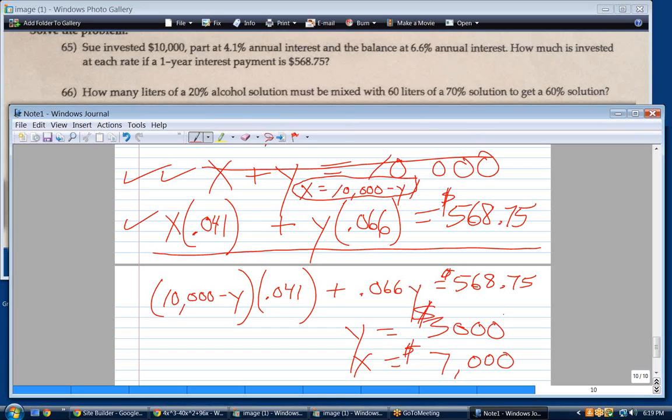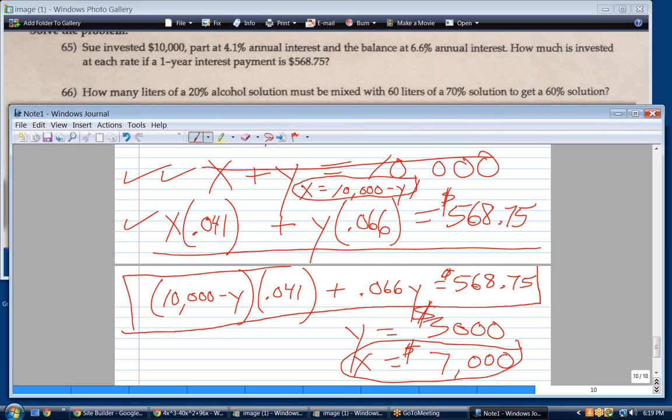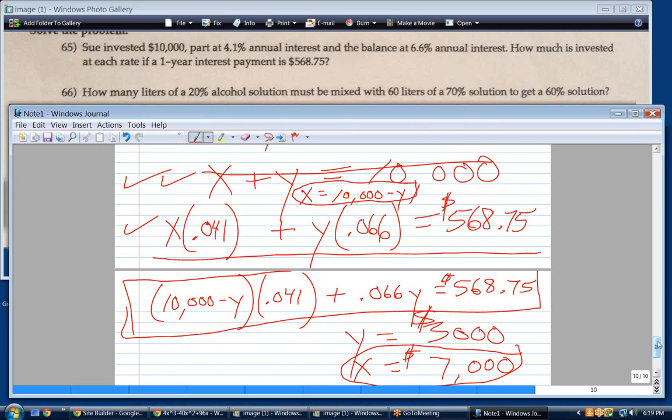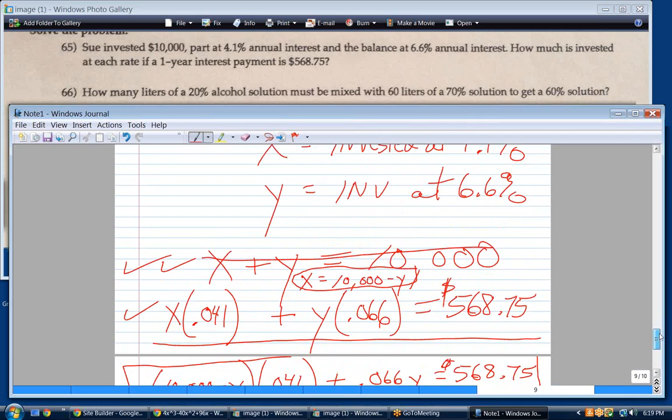So the answer is she invested 7,000 at that percentage, and she invested 3,000 at this percentage. Now, that's not the correct answer because we didn't actually solve this, because I didn't want to take the time to solve it. But once you solve for y, x is easily solved for by subtracting whatever y is from 10,000.